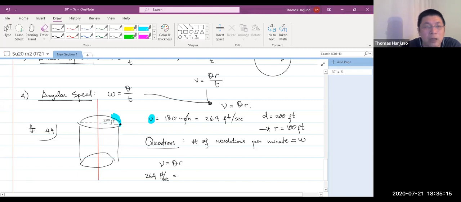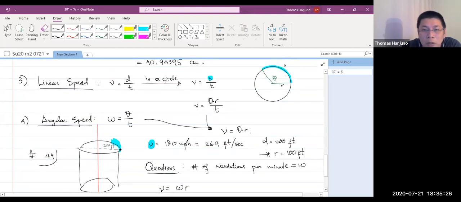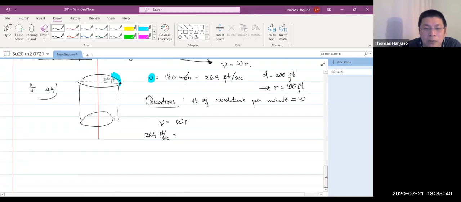I said it right, but I wrote it wrong here; it's supposed to be omega times r. Good thing I realized that. The omega is the angular speed, the one in question. The radius is 100 feet, right?